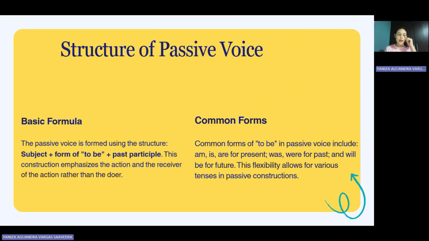Okay. What is the structure of the passive voice? It's simple. The formula is subject plus verb to be plus the verb in past participle. It's very important that you put the verb in past participle.